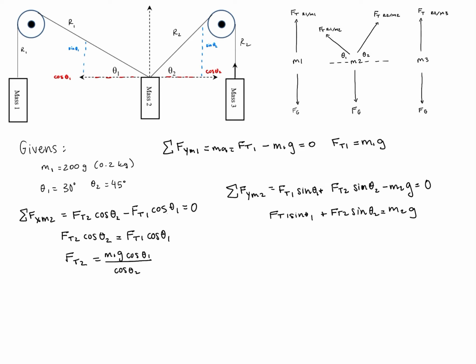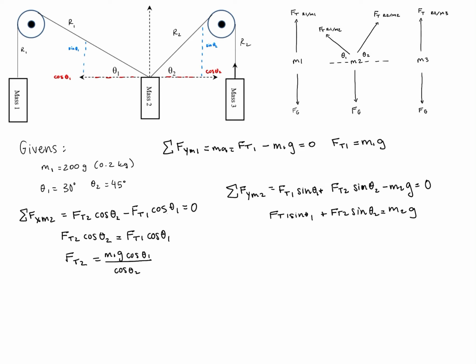We can then, to get m2 by itself, divide both sides by g, but also we could substitute our variables for force tension 1 as well as force tension 2.